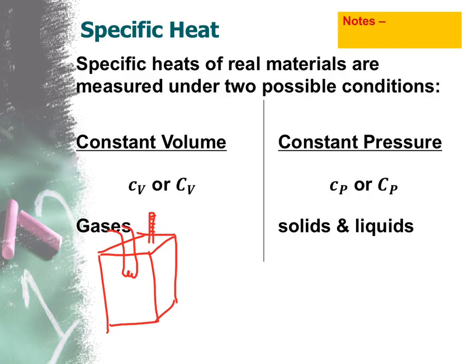On the other hand, when you're measuring solids or liquids, you usually use specific heat at constant pressure, or that's what you end up measuring, because it's a lot easier to keep a solid piece of metal at a constant pressure of 1 atmosphere or 100 kilopascals or whatever pressure you want to look at than it is to actually try to keep this rod at a constant volume, because we have thermal expansion, right?